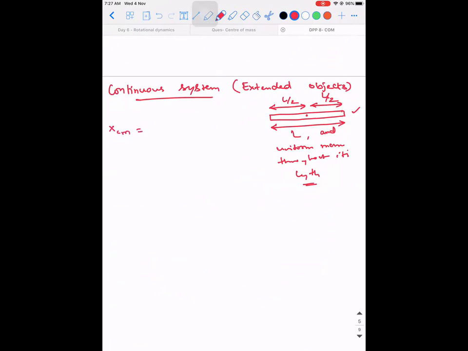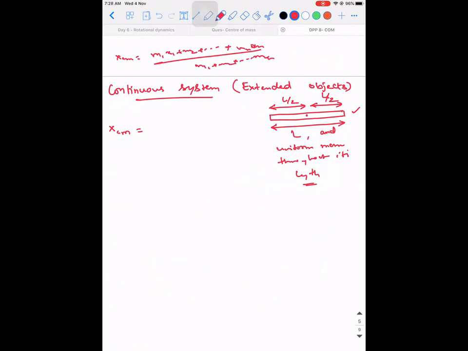X coordinate of center of mass is equal to, for point masses it is m1x1 plus m2x2 plus so on till mnxn, the whole divided by m1 plus m2 plus so on till mn. Now for extended masses it is like this.